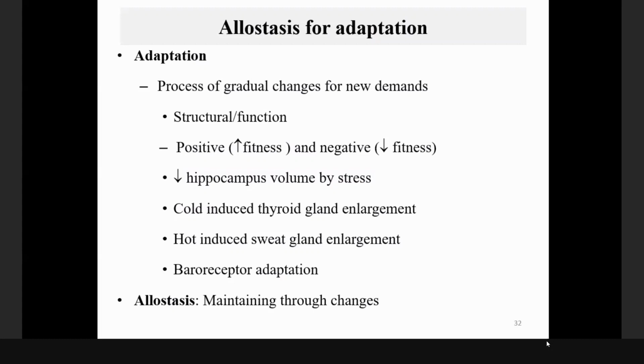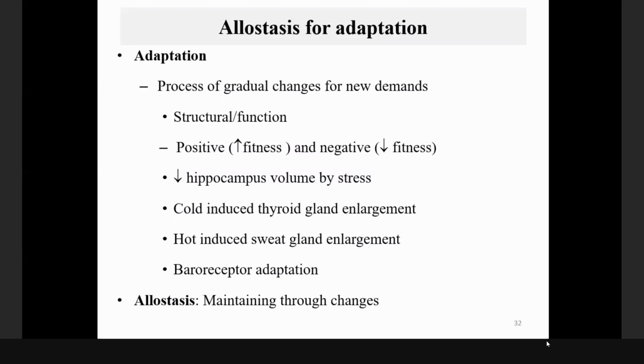If the change made is positive, that makes us adapt to the environment. That's called fitness. But if the change is maladaptive, that means if the change, both structural and functional, is negative, then that reduces our fitness to the environment.